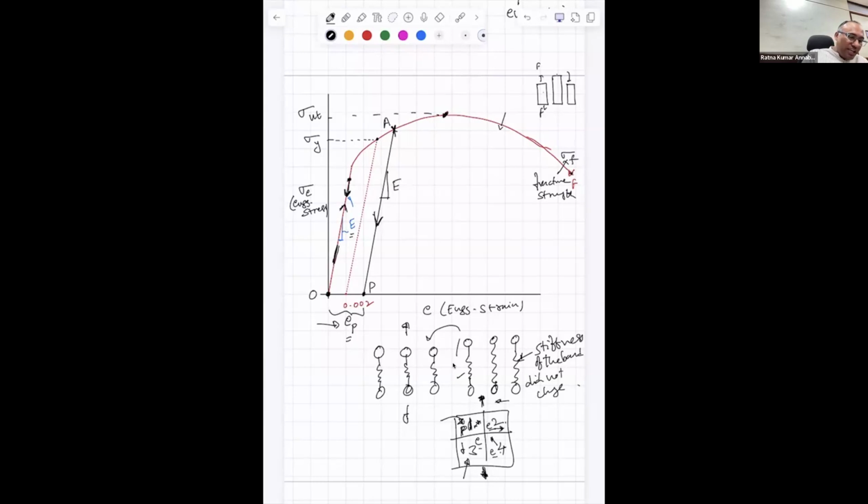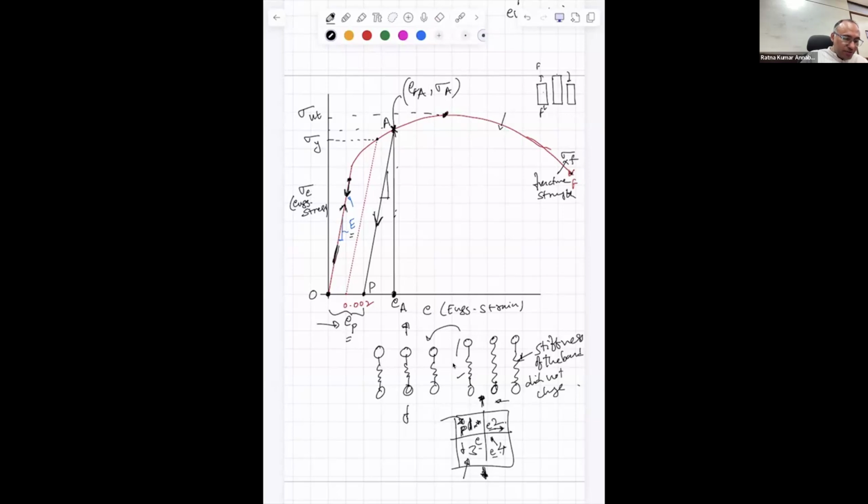But initially at point A, this is the strain corresponding to point A, with sigma at point A. That is the stress state and strain.